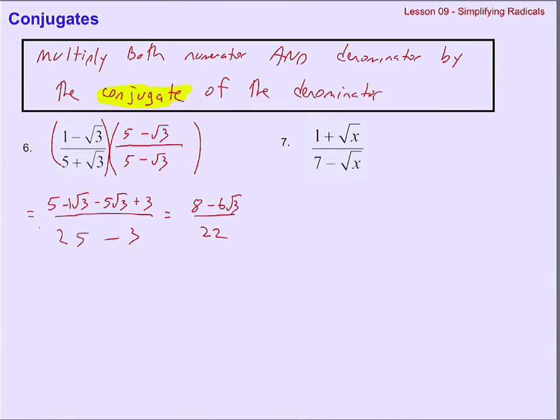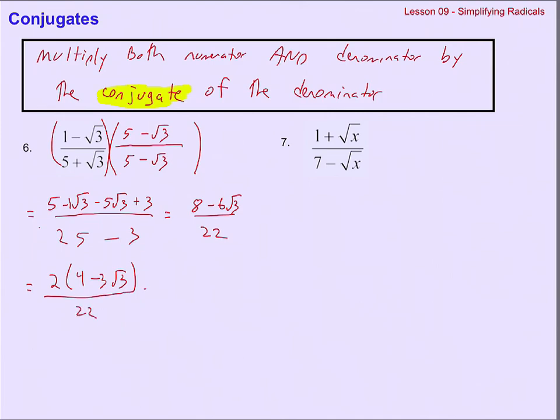And although this is really jumping the gun a little bit, using a couple of skills we haven't done in this class yet, hopefully you've learned before you can reduce fractions even if there's more than one term in the numerator like that. The way I wanted you to be thinking about it is if you can factor out a factor that will cancel out with the 22, you can do that. Well, 8 minus 6 root 3, I can undistribute a 2, or factor out a 2 from both of those terms.